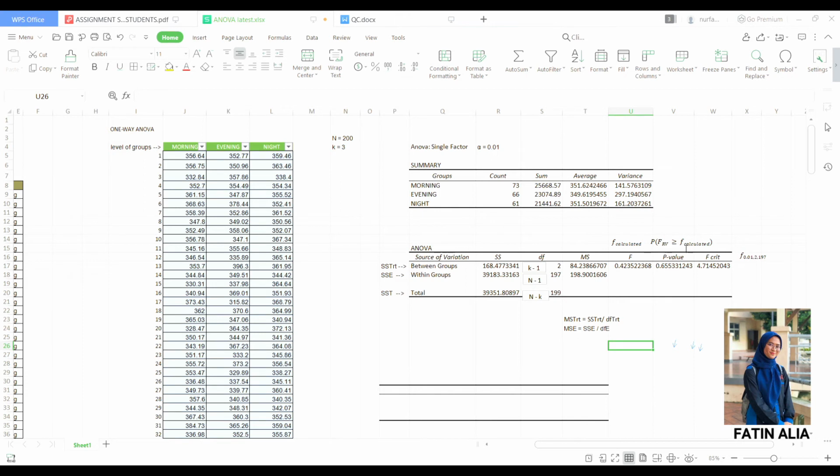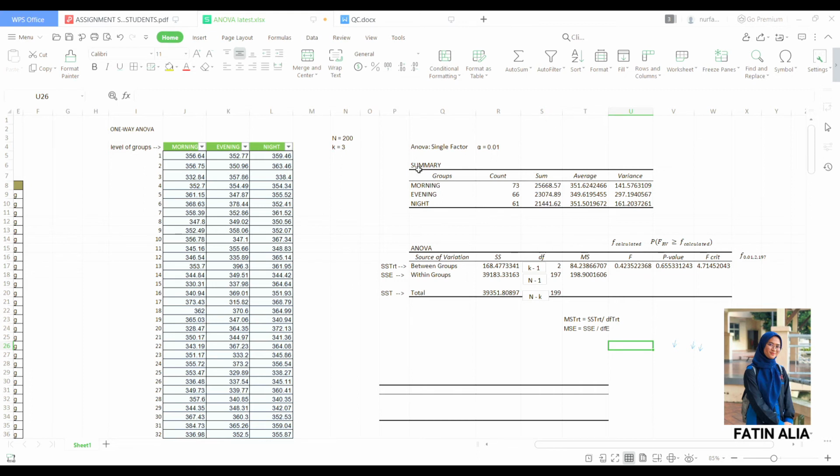And this is the P value. P value is actually P of F random variable greater than or equal to the F calculated. And this is F crit. F crit refers to the upper critical value of the F distribution. Or we can write it like this, F 0.01, 2, 197. So we get this answer.